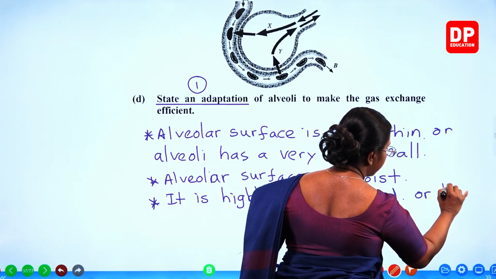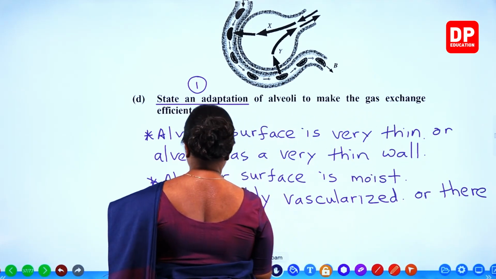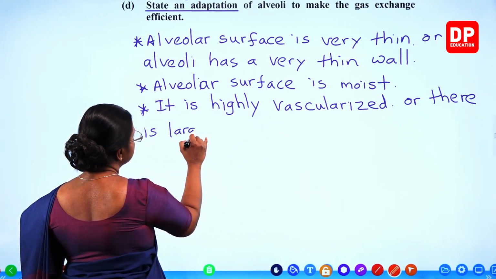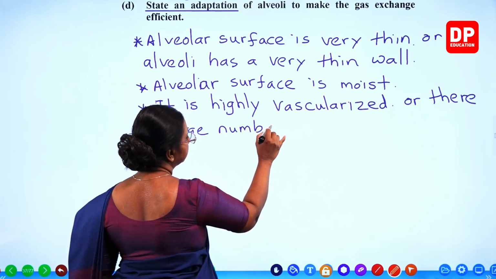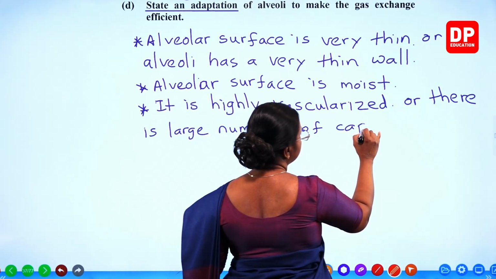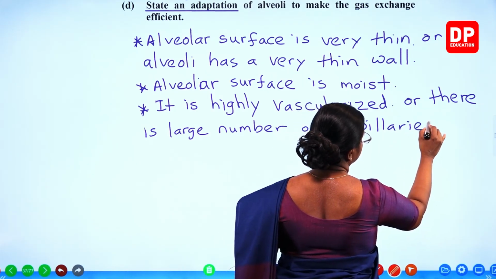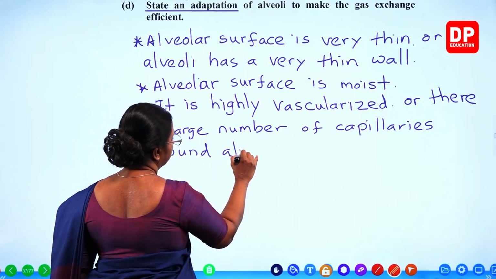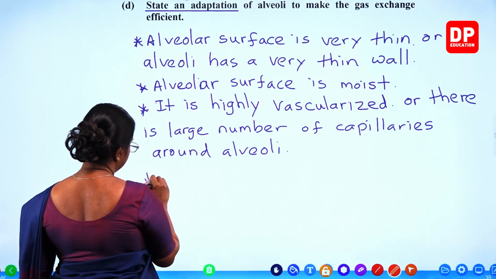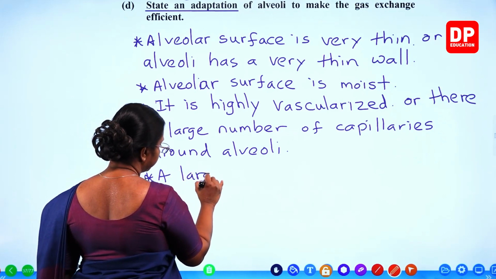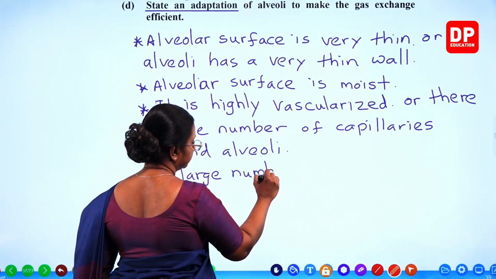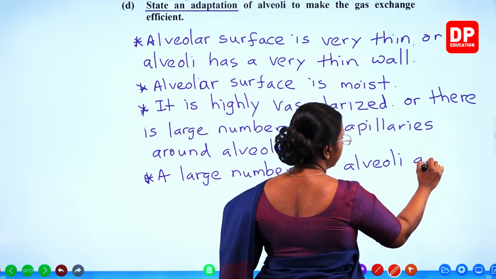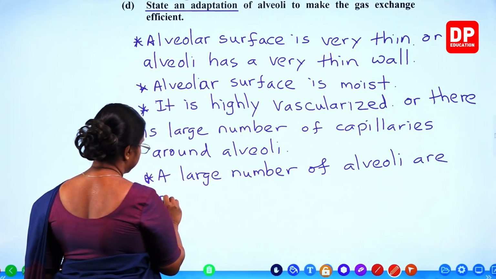Or you can say there is large number of capillaries around alveoli and a large number of alveoli are present.